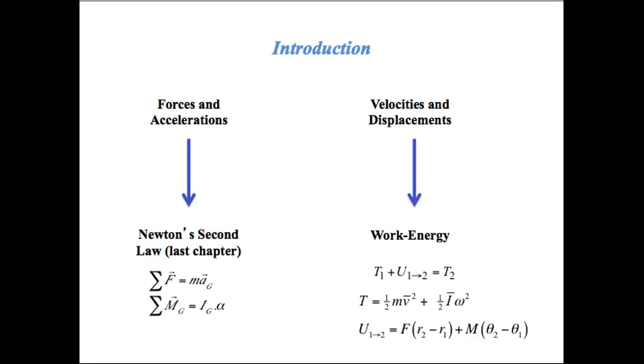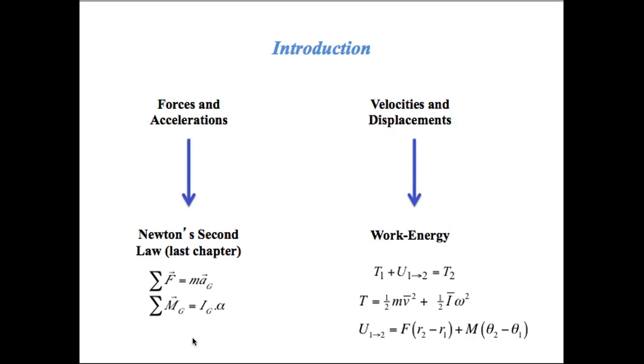In general plane motion, the rigid body is undergoing both translation and rotation simultaneously. For the translation motion, the resultant force equals the mass of the rigid body times the linear acceleration at the center of gravity.